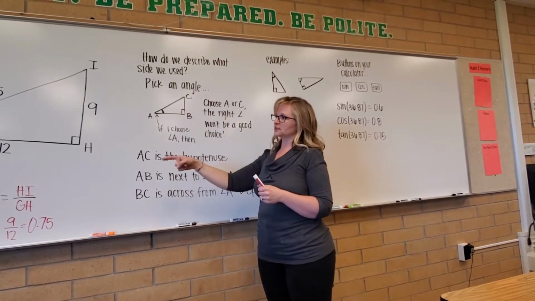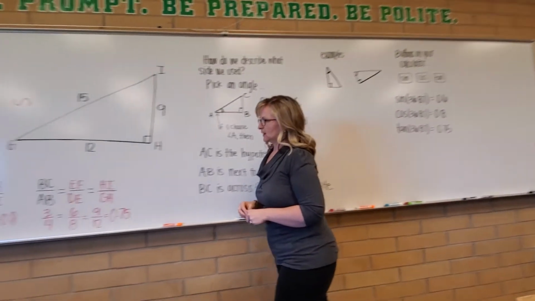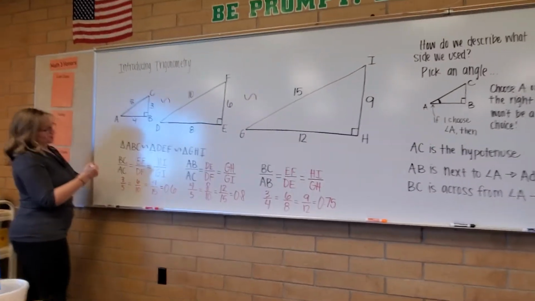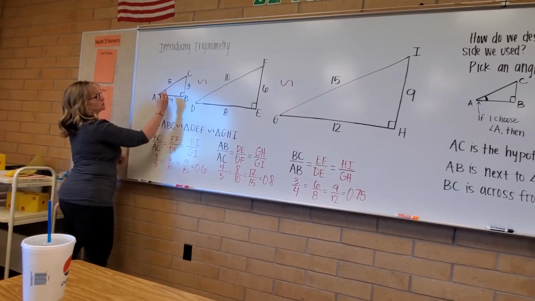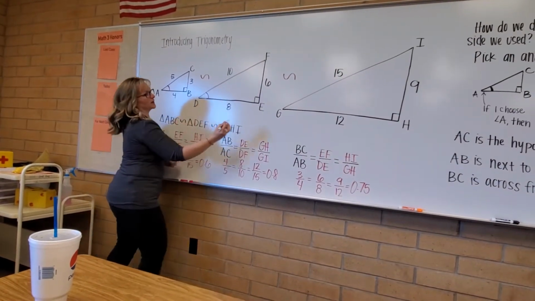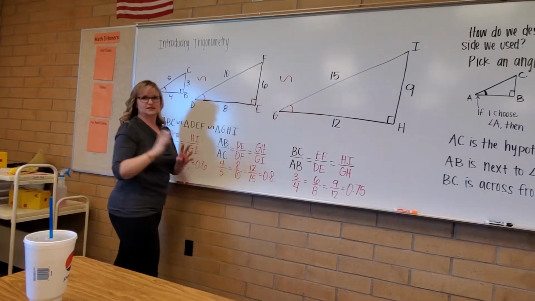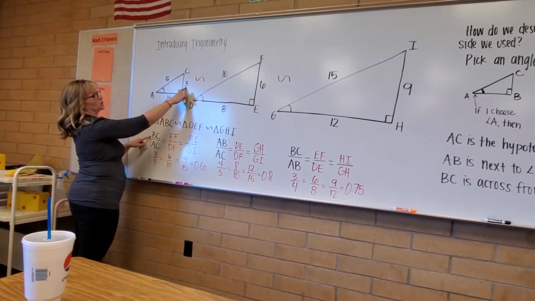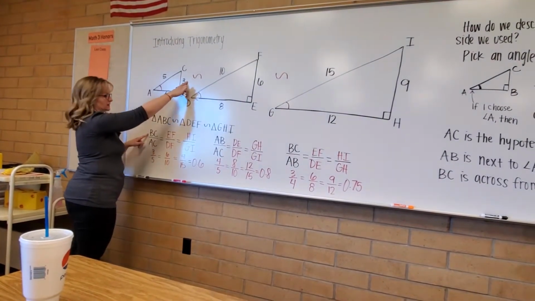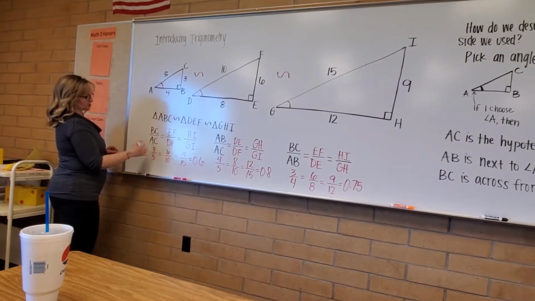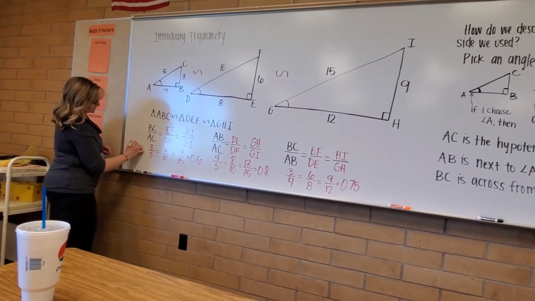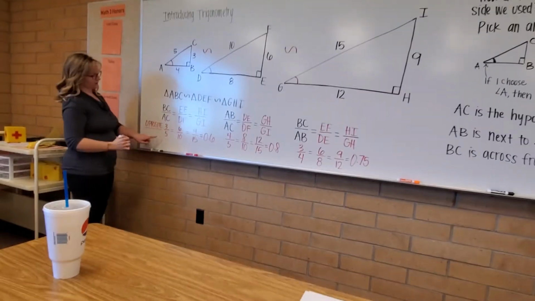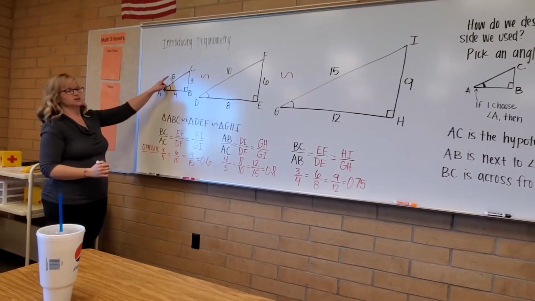All right, so let's look over here for just a second at what we were comparing before. If we choose angle A, or angle D, or angle G, those are all the same angle really, then BC would be the opposite side. So this is really the ratio of opposite over the 5, or the AC, that's our hypotenuse.